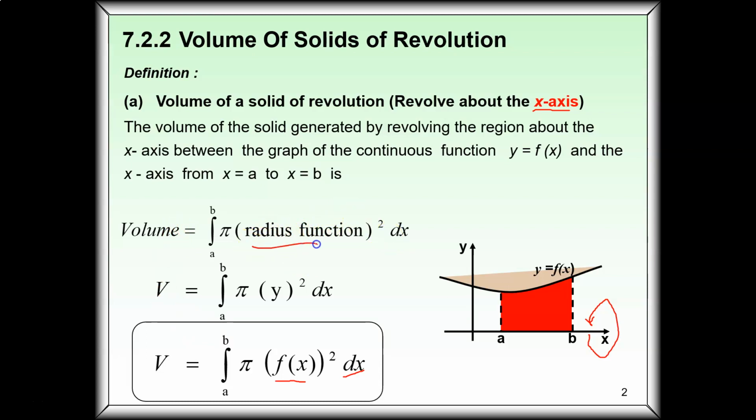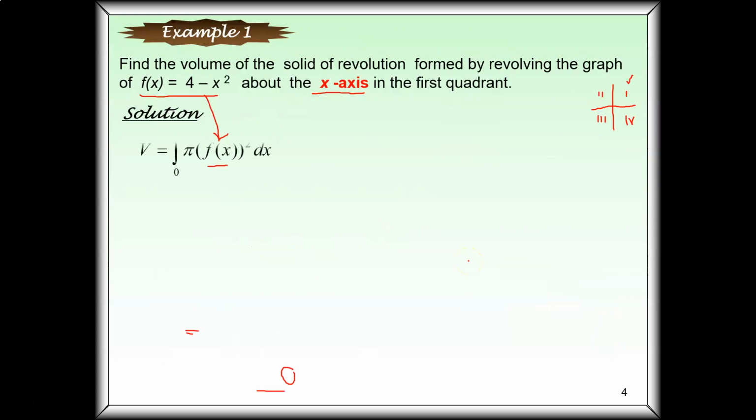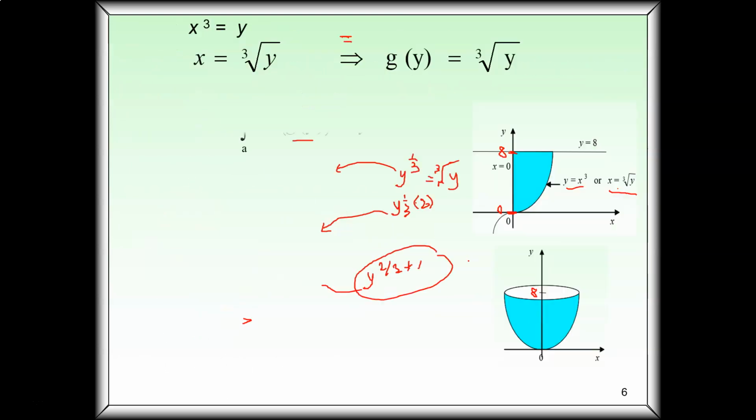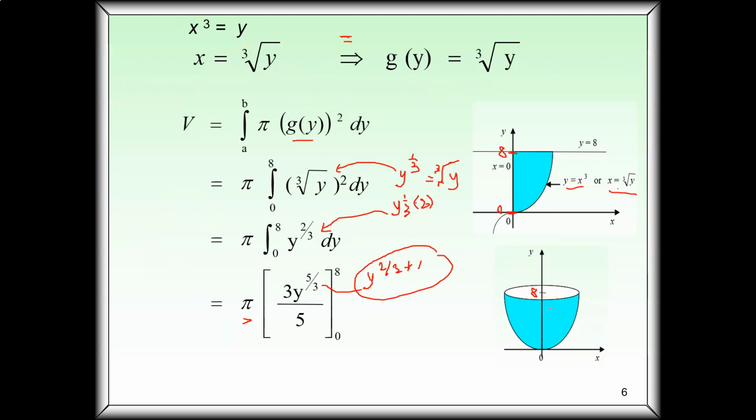Why does it mean radius? Because if we refer back to the previous example over here, this is actually the radius. This we call the radius. Okay? This is the radius. When we revolve the radius, you will get a circle. That's why the pi appears there.